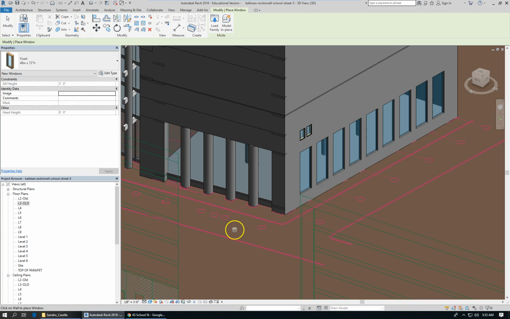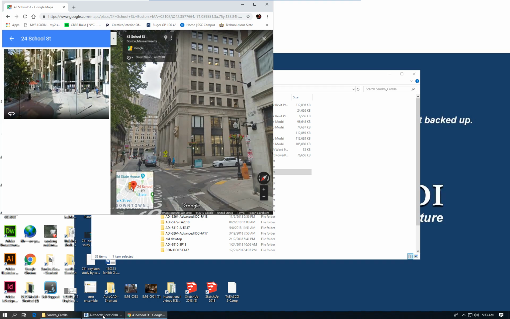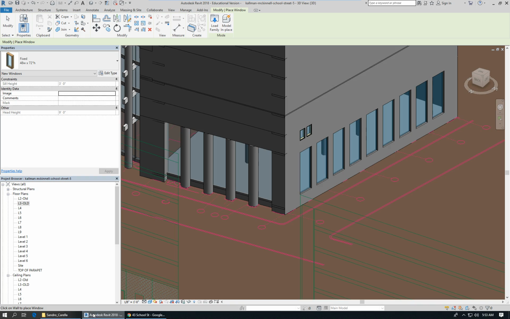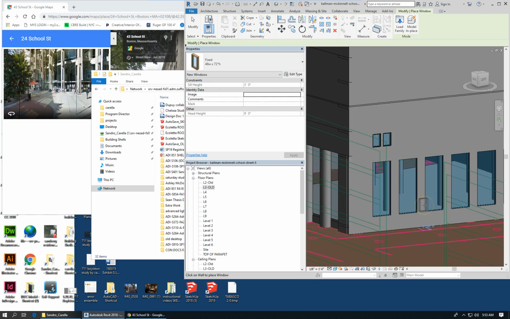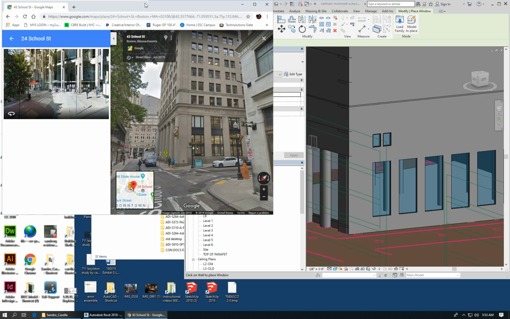Let's go look at the elevation again. Could be, right?